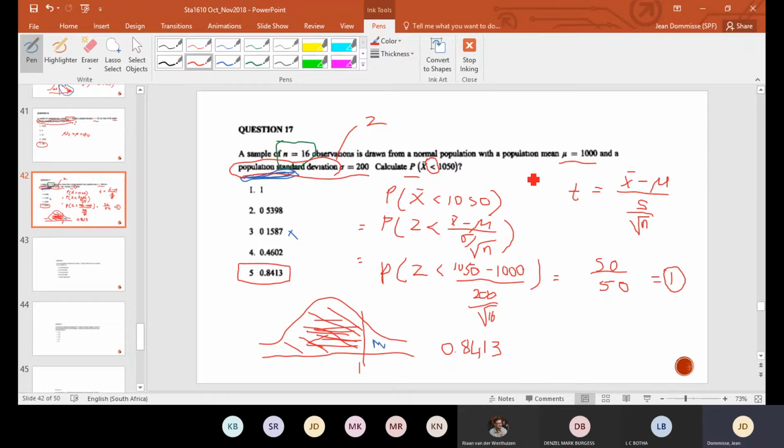That's my only concern, because normally when we work with a sample, we say n minus 1. So it would be quite interesting to see if there is something different in one of the textbooks. But otherwise it would have come out to the same answer.